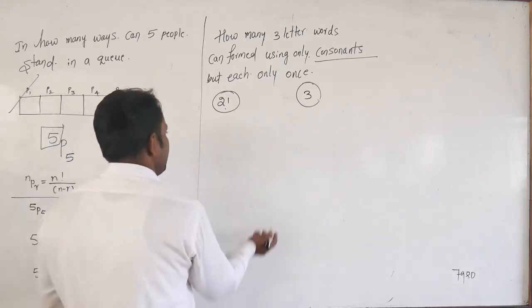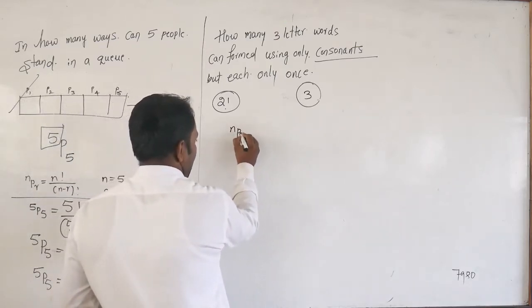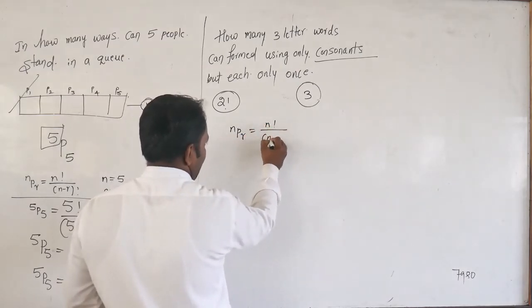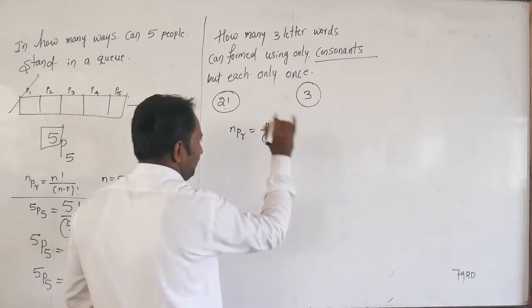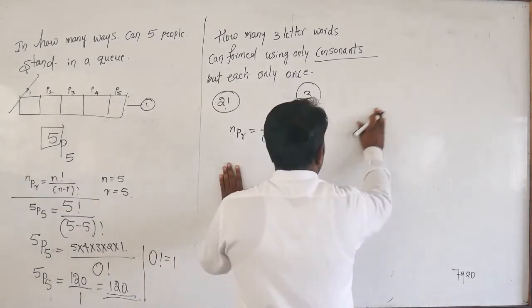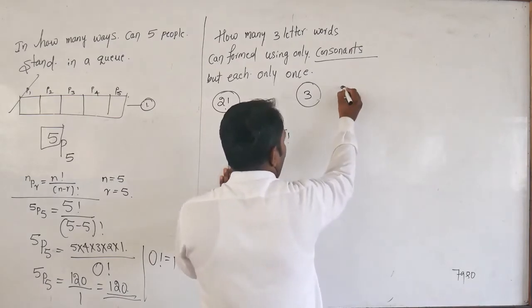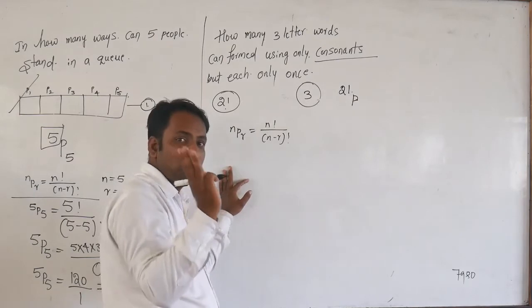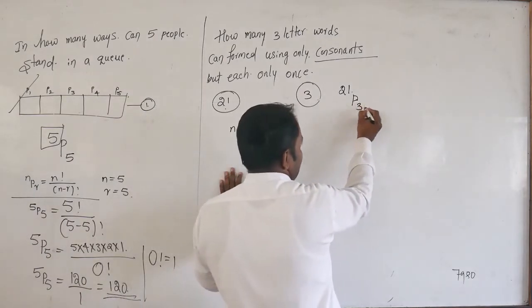By using the concept nPr is equal to n factorial divided by (n minus r) factorial, with 21 letters available we can arrange only 3 letters each.